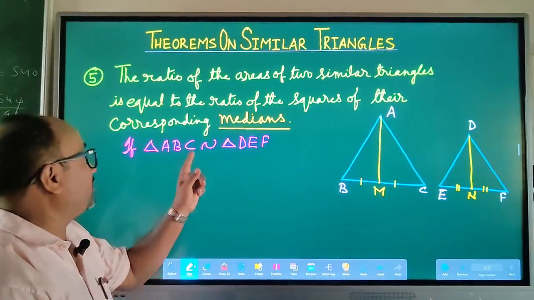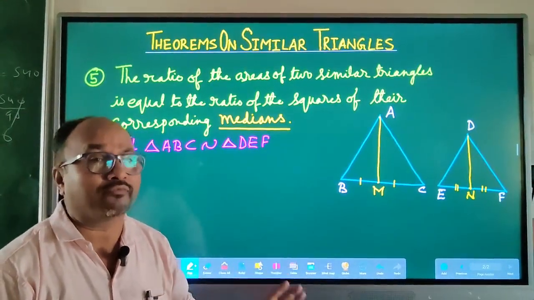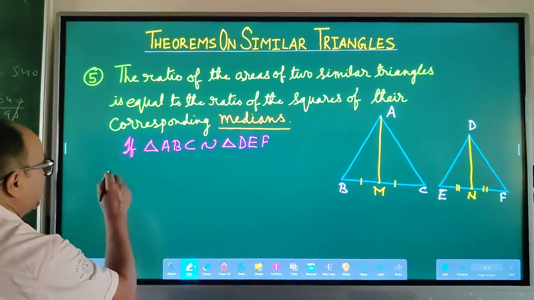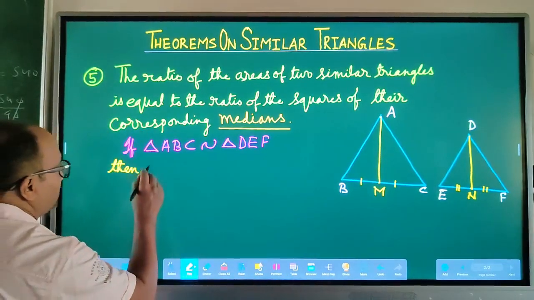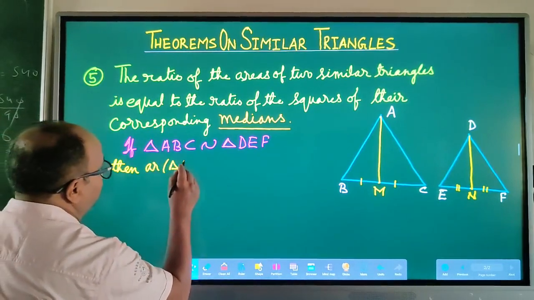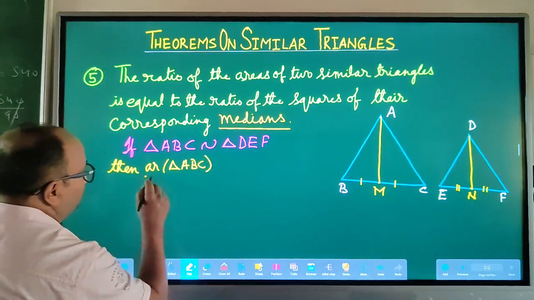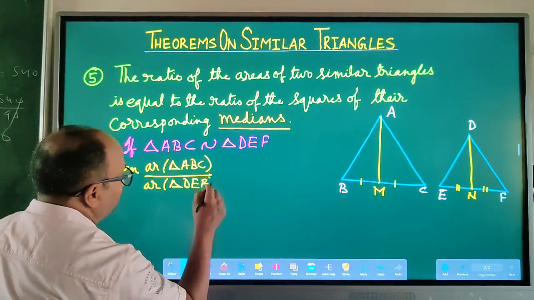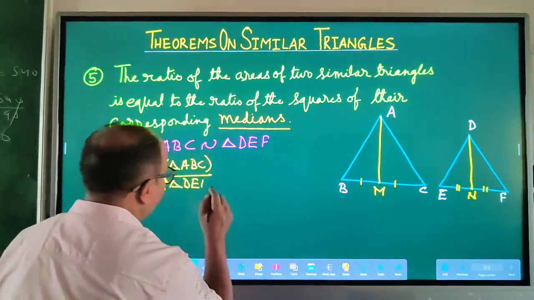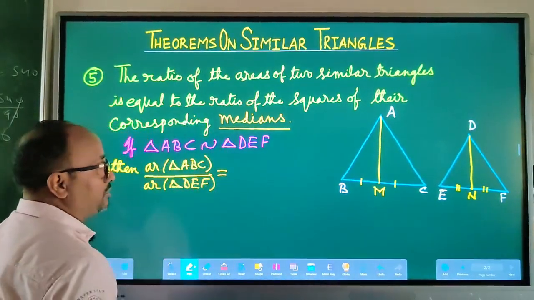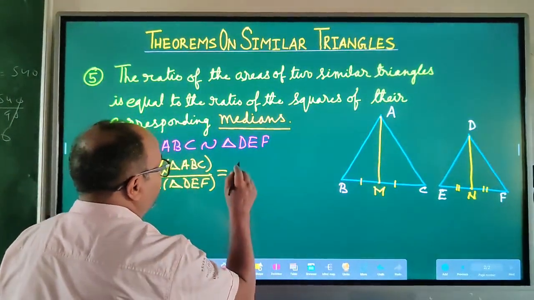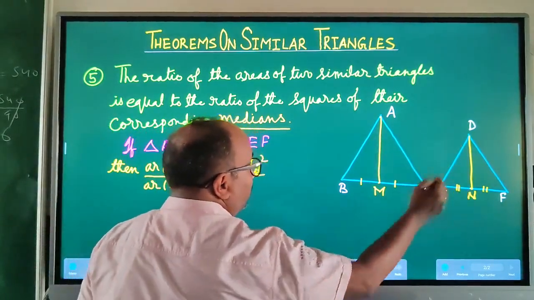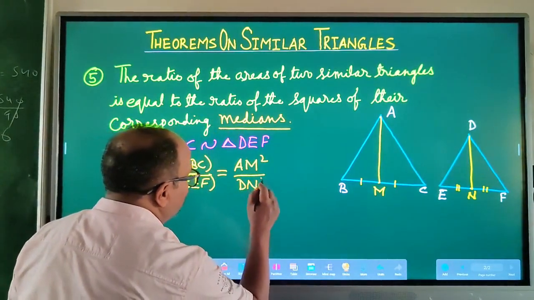So if the triangles are similar, again I repeat, you have to have triangles similar in these theorems, then what I will get is this: area of triangle ABC by area of triangle DEF equals the square of the first median AM square to the square of the other median DN square.